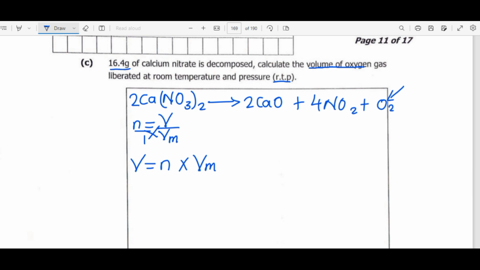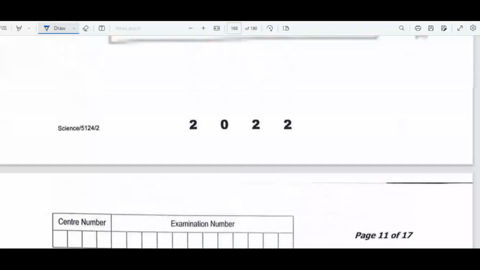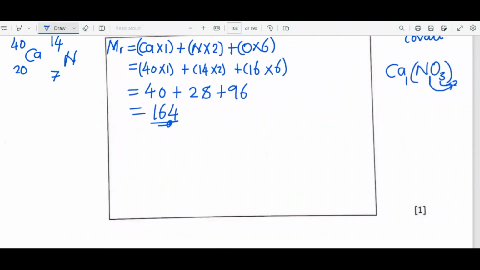So the number of moles given the mass is found by this formula. Number of moles is equal to mass divided by molar mass. What's our mass? Mass is given, 16.4 grams. Now molar mass is the one that we calculated. So let's go back. The one that we calculated was 164.